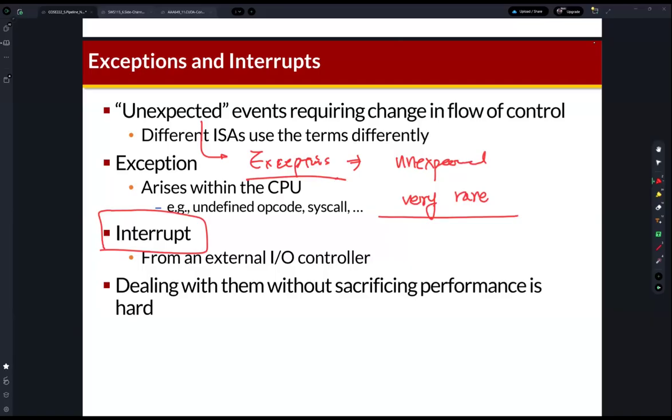This event is infrequently given to a processor.